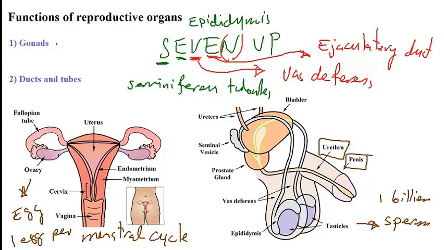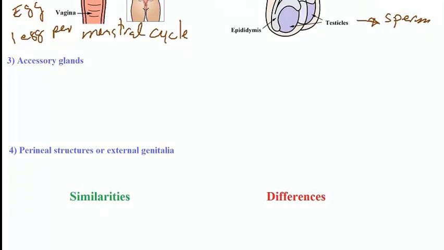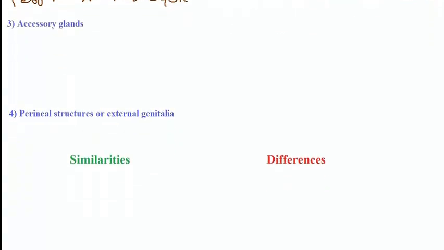All right, the next structure in the reproductive organs is the accessory glands and organs. In males, it's the prostate gland and seminal vesicles that secrete fluids that mix with the sperm during ejaculation. And then there is also the bulbourethral gland that will produce an alkaline lubricant in order to help the sperm survive the acidic environment of the vagina.